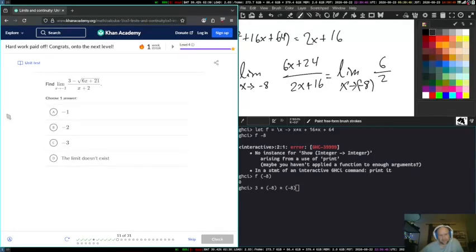I actually don't know how to do this. So my impulse is to multiply the top and bottom by something that clears the square root.